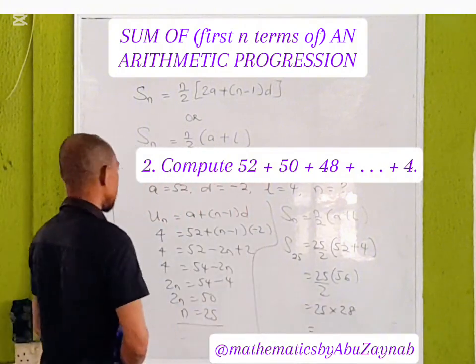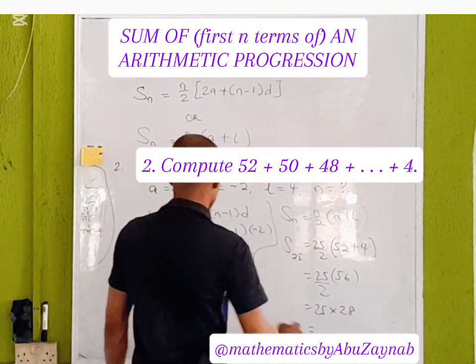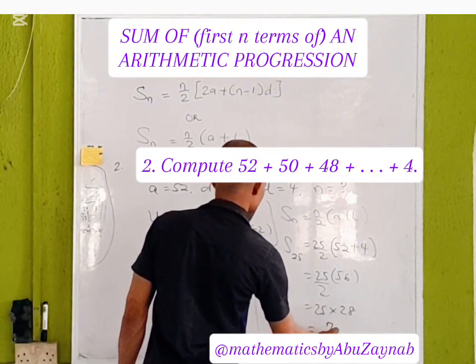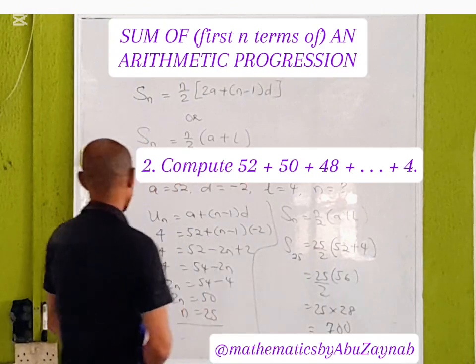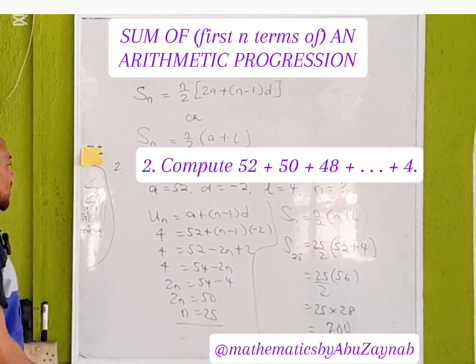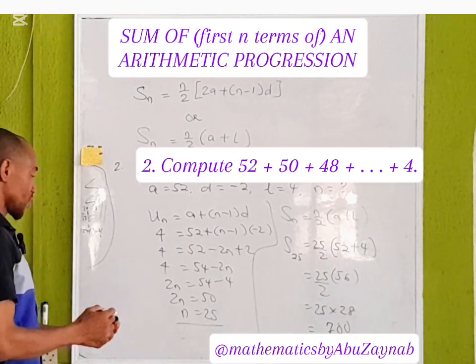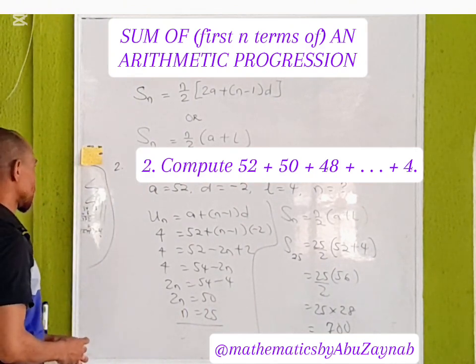So 25 times 28 is 700. That is the sum of the first 25 terms of that AP.